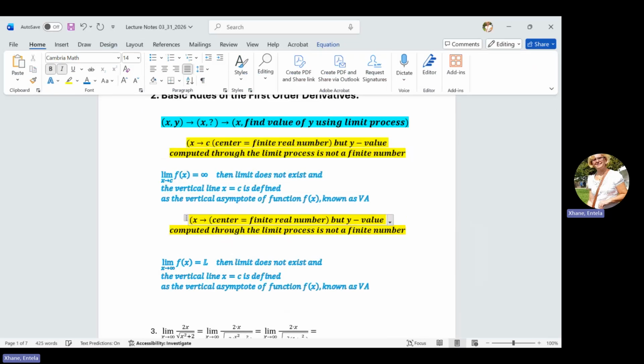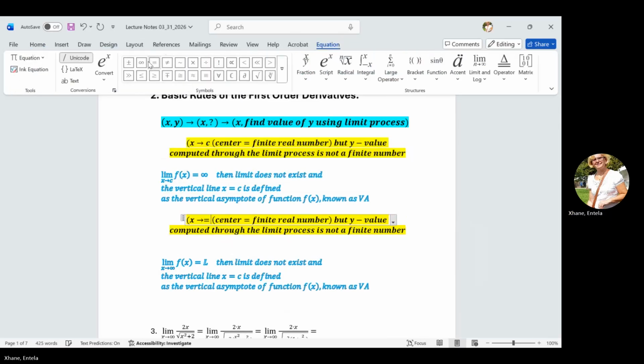I mean, x goes to the center, which is infinity. But the y value computed through the limit process is a finite number. So it's a finite number, we call it L.